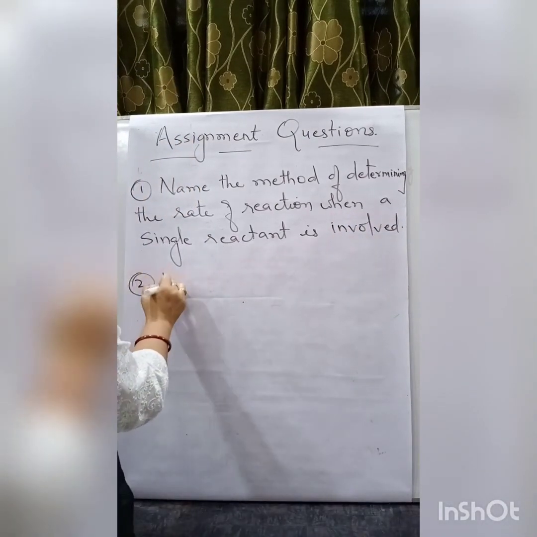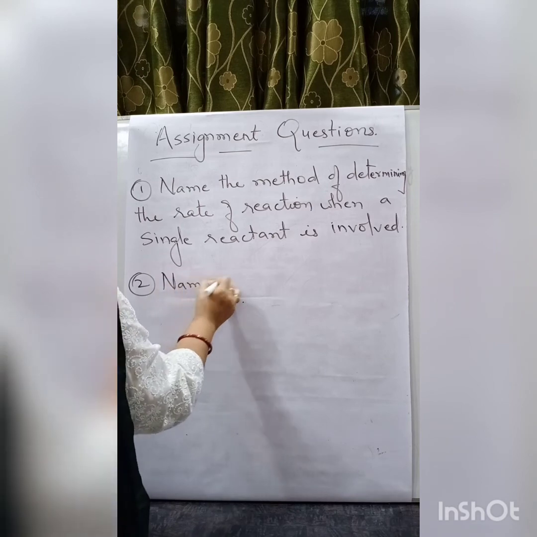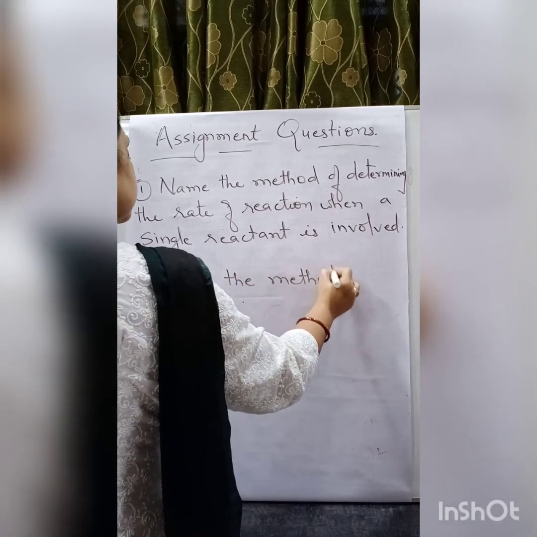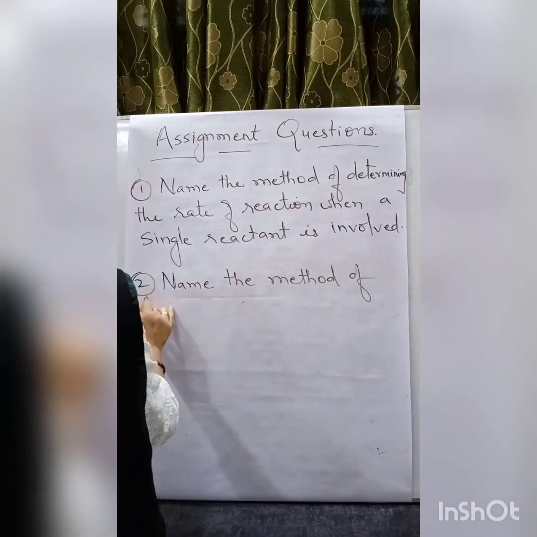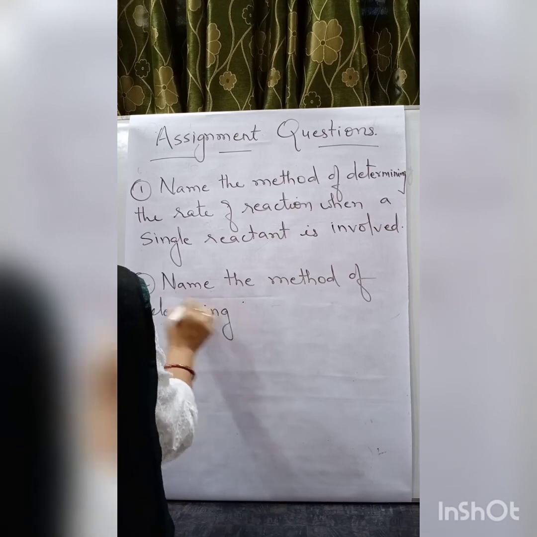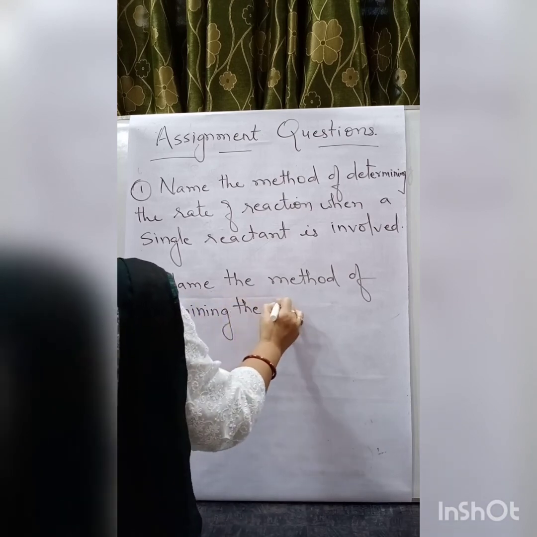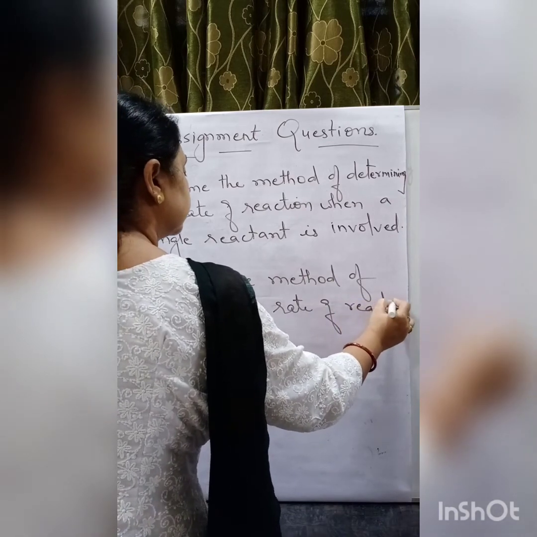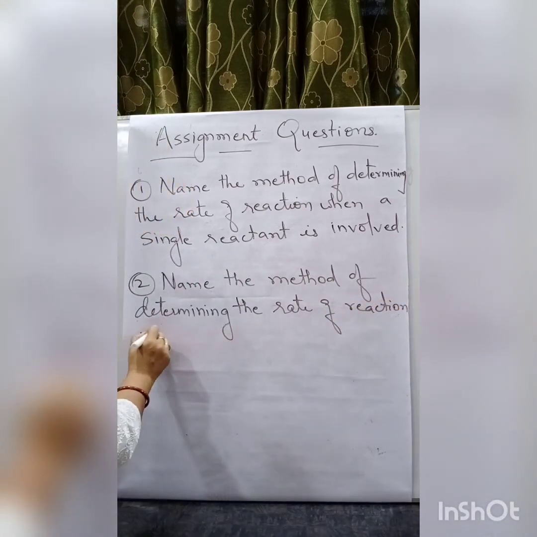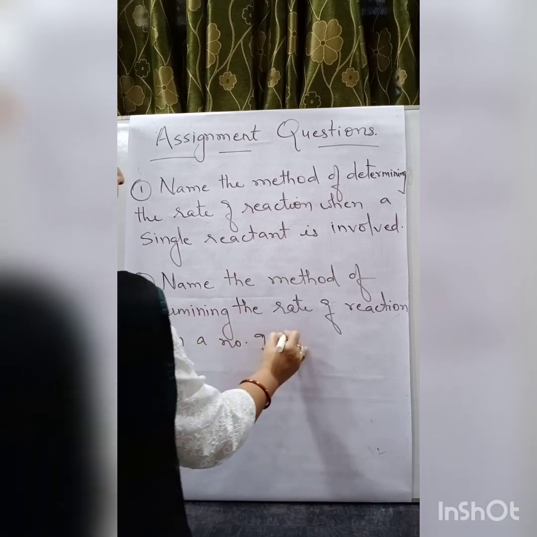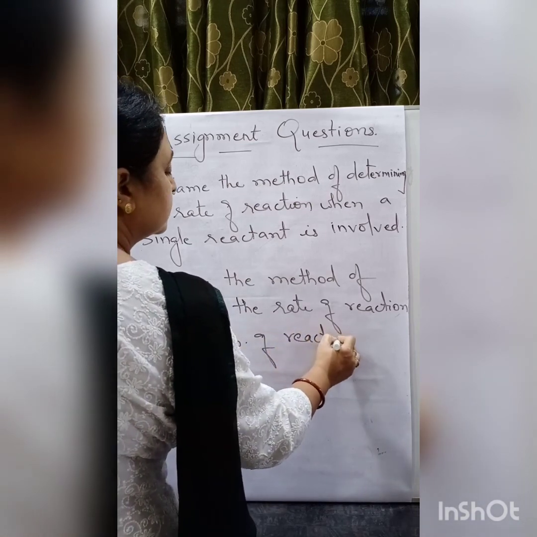Next one, same way. Name the method of determining the rate of reaction when a number of reactants are involved.